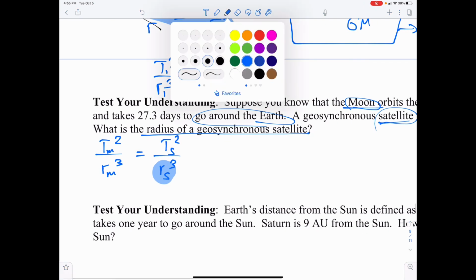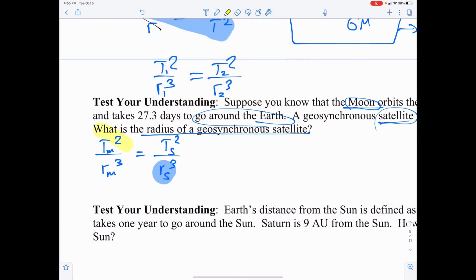Now, I think what I would do to solve this equation is I would first take the cross products of these and then divide away the unknown, or divide away the other information. So if I multiply across, I get Tm squared times rs cubed equals Ts squared times rm cubed. Go ahead and divide away the Tm squared so you can solve for the radius of the satellite.